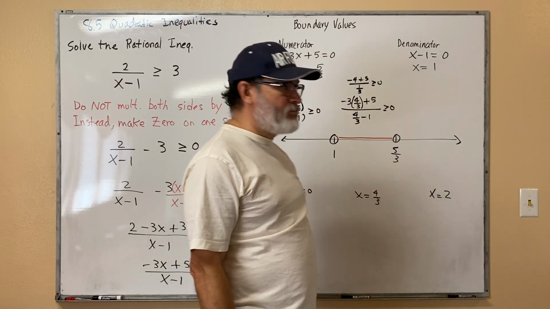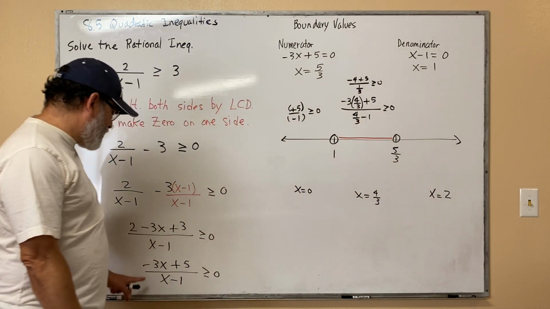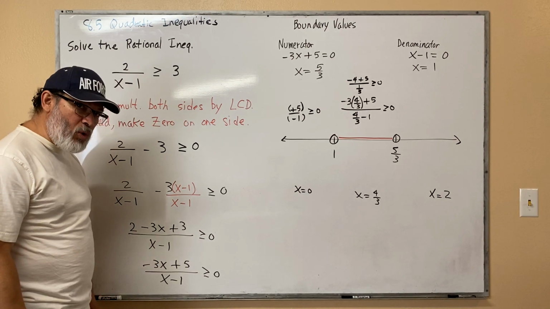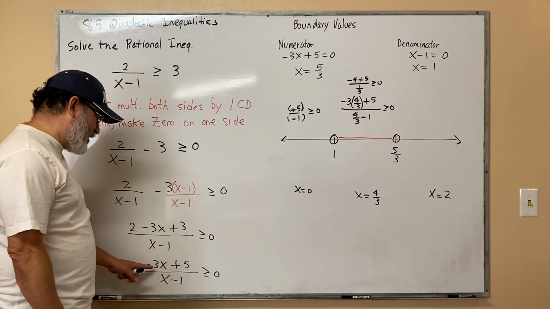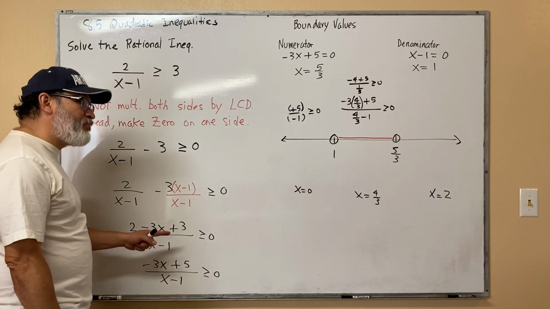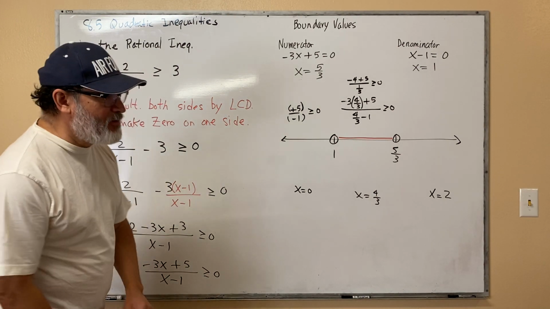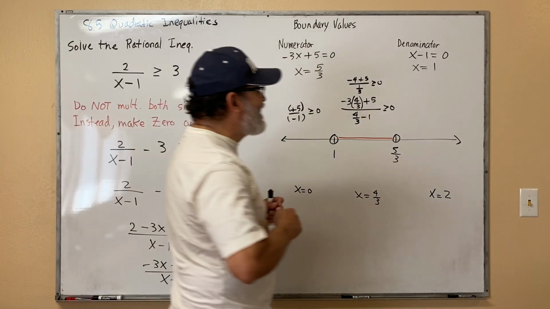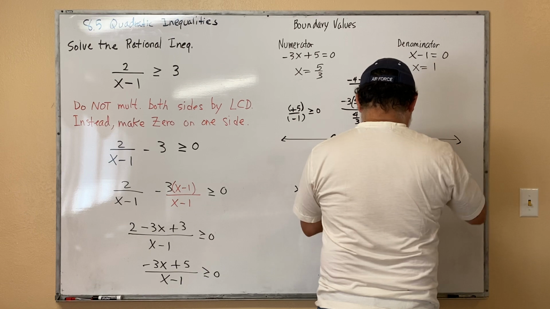Try 2. Try it in there. What's negative 3 times 2? That's negative 6. Negative 6 plus 5. What's negative 6 plus 5? A negative 1.